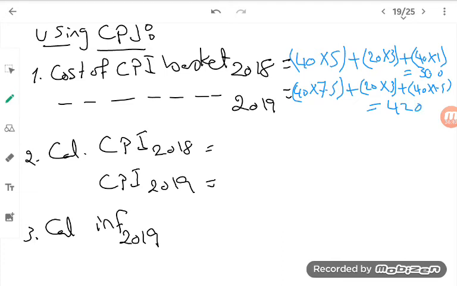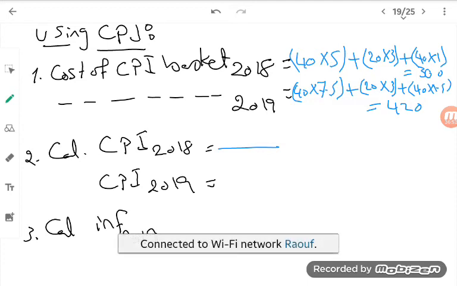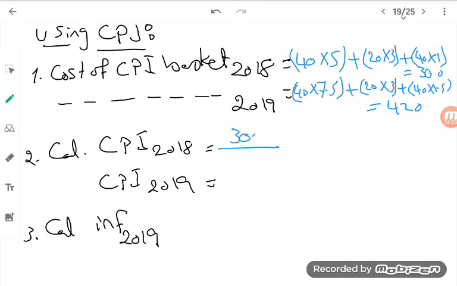Now we would like to calculate CPI for 2018 and CPI for 2019. CPI is calculated as cost of the CPI basket current divided by cost of the CPI basket base. So it is 300 divided by 300 multiplied by 100. So for year 2018, CPI equals 100. For year 2019, it's going to be 420 divided by 300 multiplied by 100.